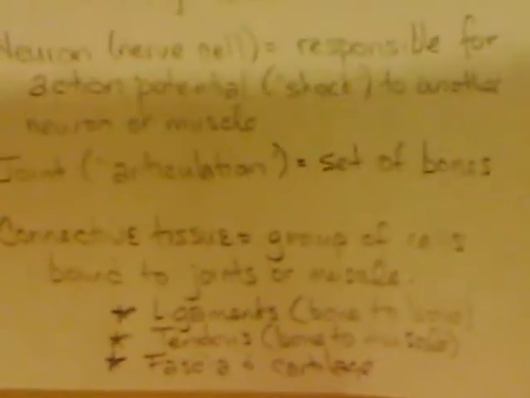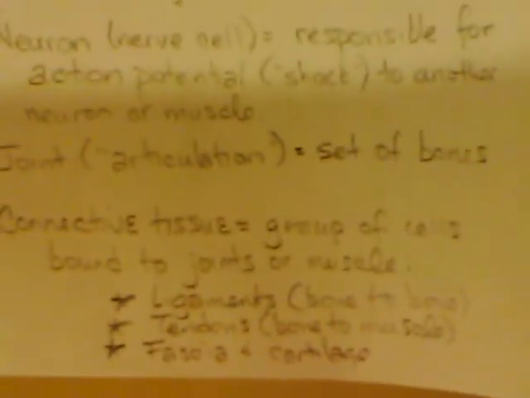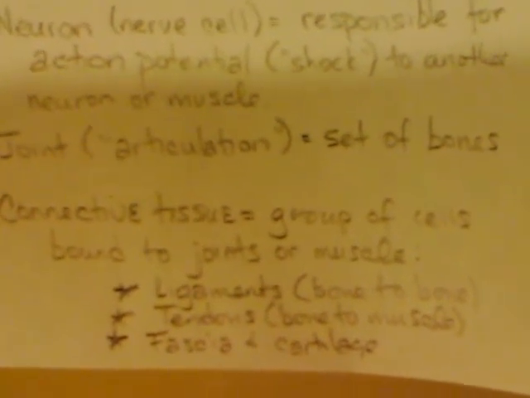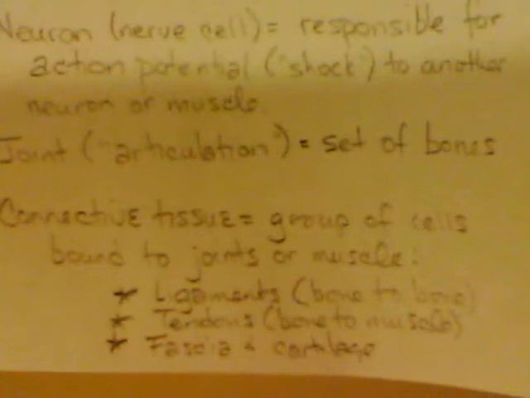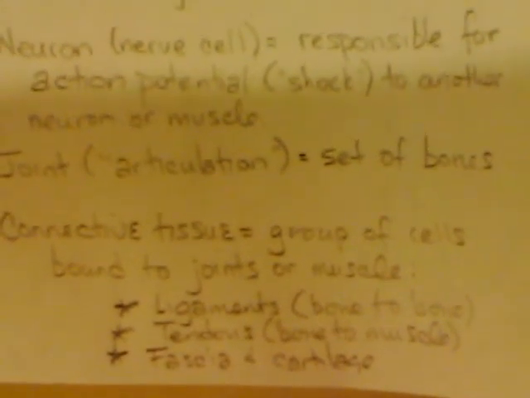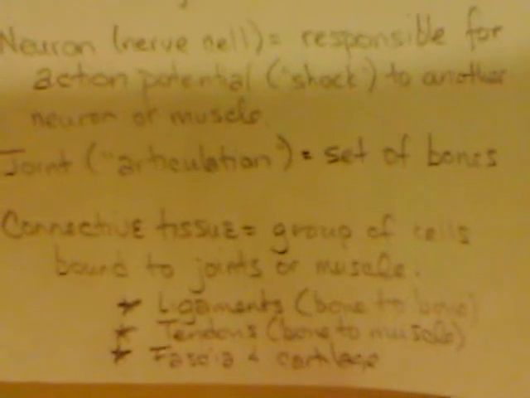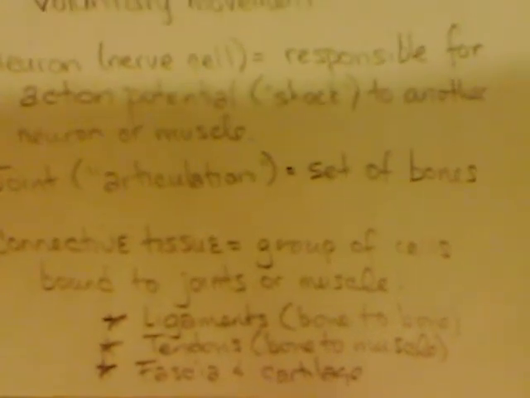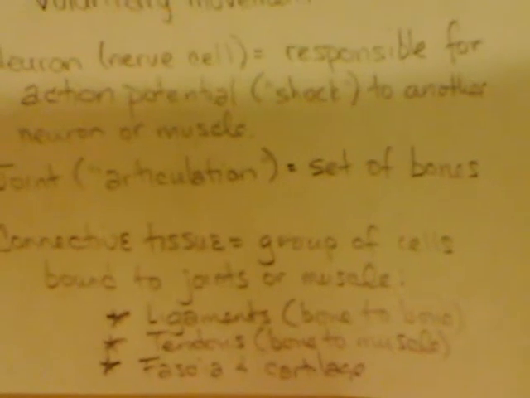So the ligaments, as we discussed the second or third week, has to do with bone to bone. So let's say, for example, if you're an athlete and someone broadsides you at the knee, then the ACL might be torn. ACL is the anterior cruciate ligament, which is one example of a ligament, and it tears.